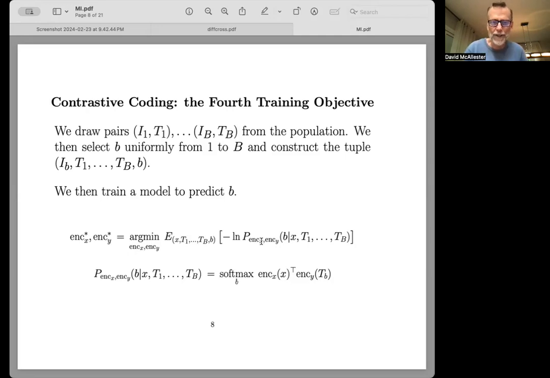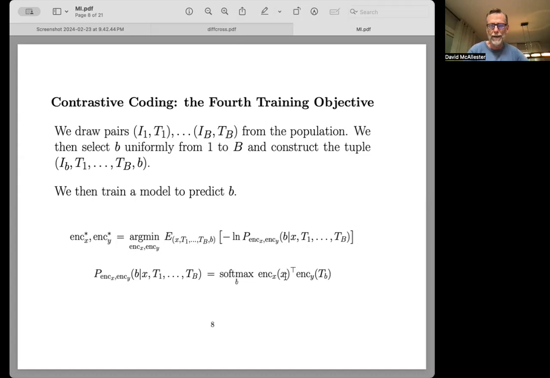So it is a cross-entropy loss predicting which text came from the image. And a cross-entropy loss is typically associated with a softmax probability distribution. And in this case, the softmax probability distribution is just the inner product of the 2 encodings, the image encoding and the text encoding. Again, that X should be an image.